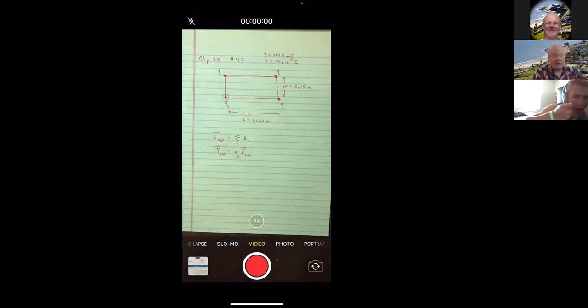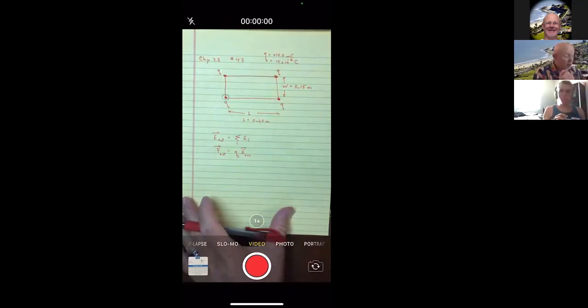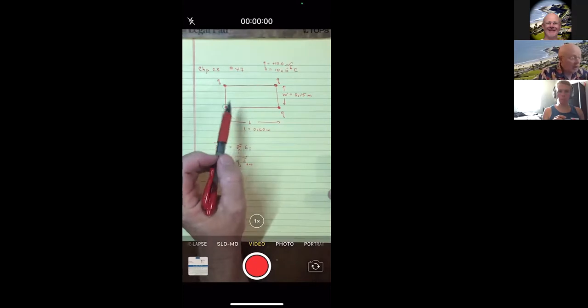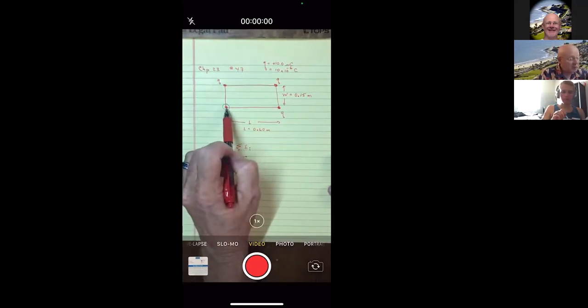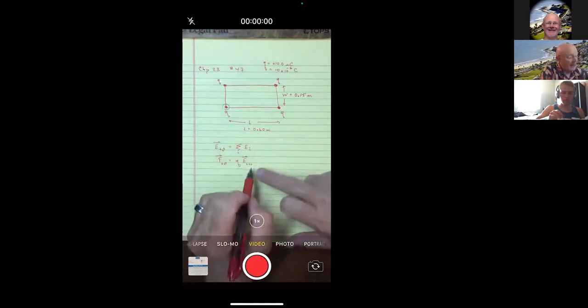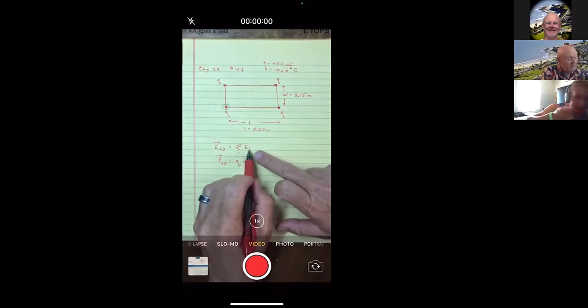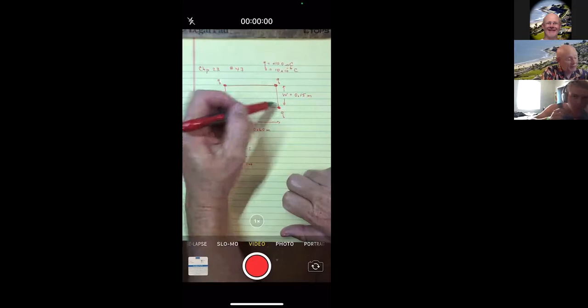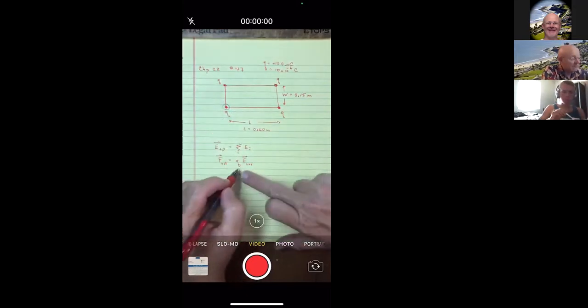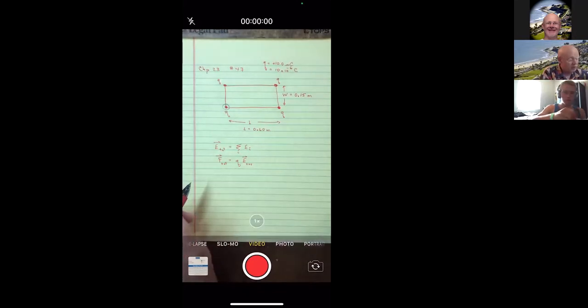And I want to be careful here, that can get confusing. So what I'm saying is the electric field at this point is created by these three. And I'm going to take the electric field that is created by these other three and add them together to get the total field at this point, and then multiply it by this charge.